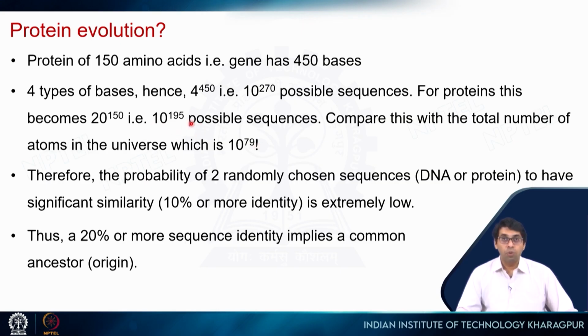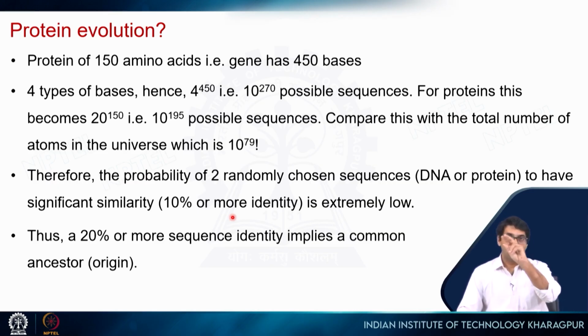Now, if two random sequences are taken and they have 10% or more identity, then that identity arising from random chance is going to be extremely low, which means that these two sequences originated from a common ancestor.